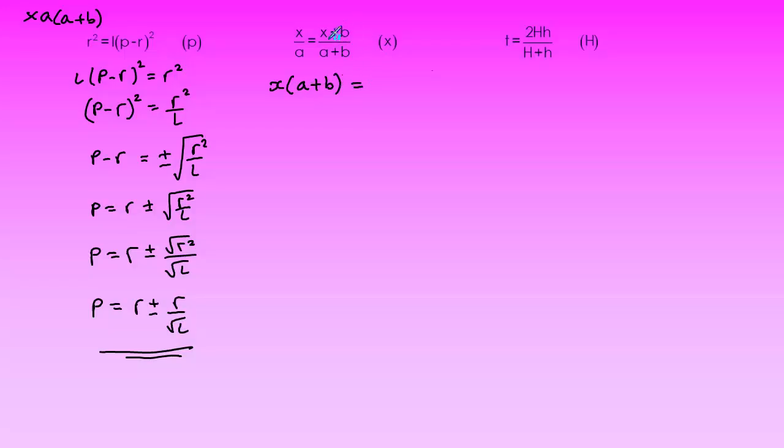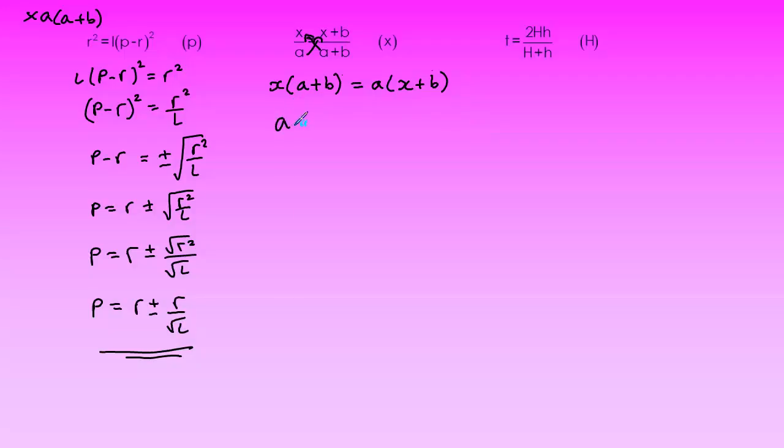If you multiply the right-hand side by this, the a plus b's cancel, and we end up with a x plus b, like so. The reason it's called cross-multiplying is if we look, the a's gone up and multiplied here, the a plus b's gone up and multiplied over here.